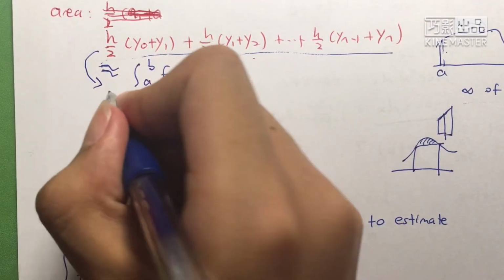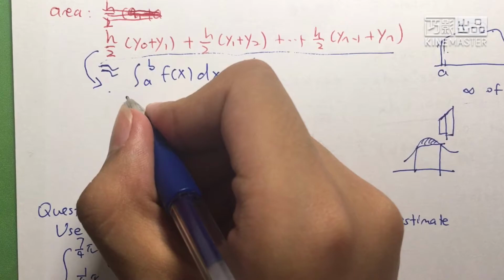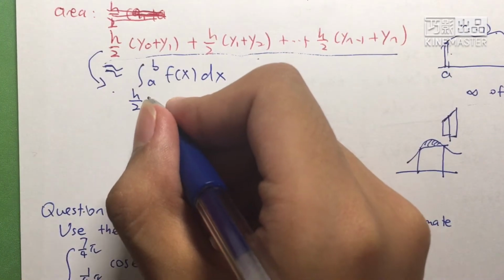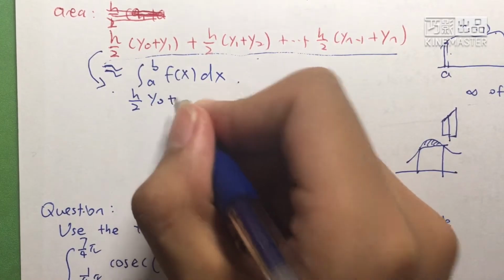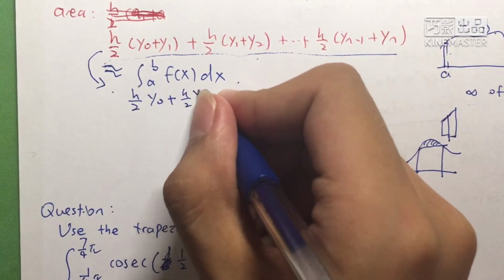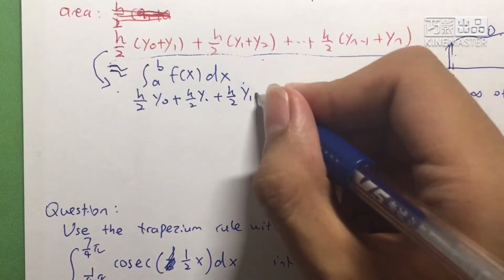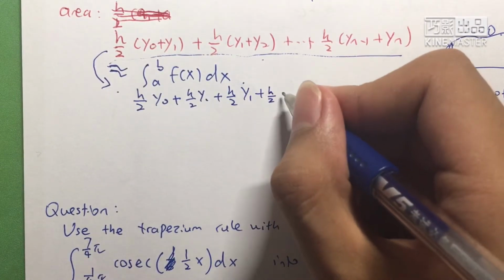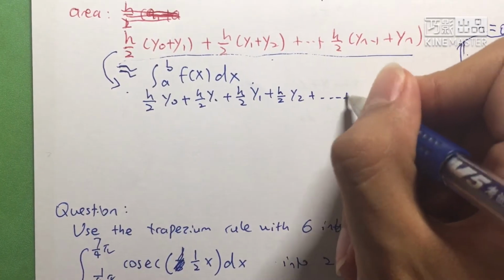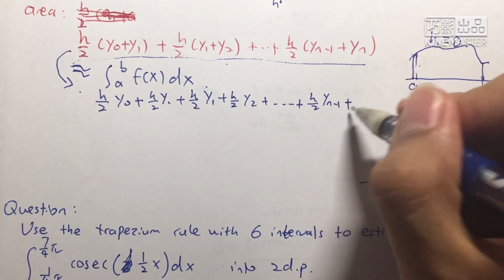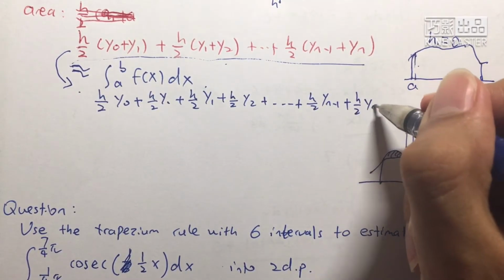Let's simplify this, so let's expand it. We have 2h over 2 times y0 plus h over 2 times y1, plus h over 2 y1 plus h over 2 y2, and so on, plus h over 2 y(n minus 1) plus h over 2 yn.